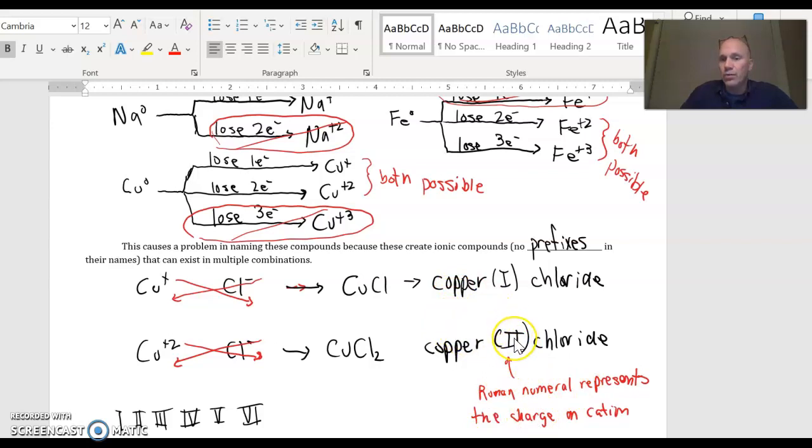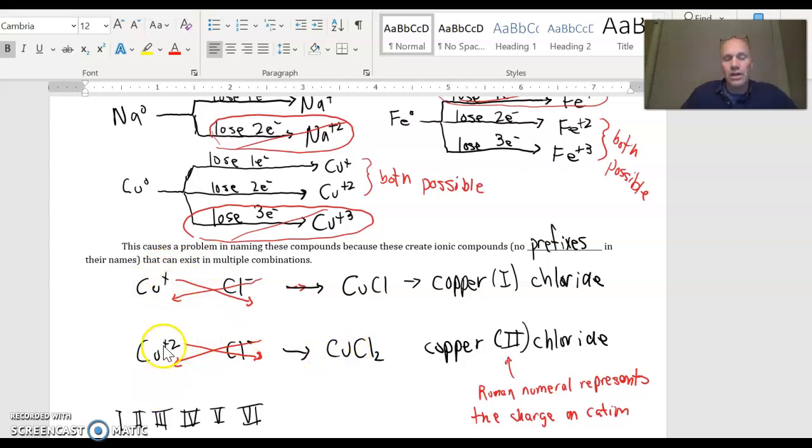All right, so this Roman numeral 2 says that this copper chloride is the variety where copper has the +2 charge, whereas this copper chloride is the variety where the copper has the +1 charge. And if you track this back, you can see that that is the ion from which these compounds right here derive.